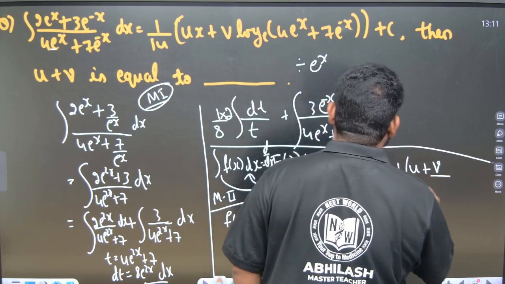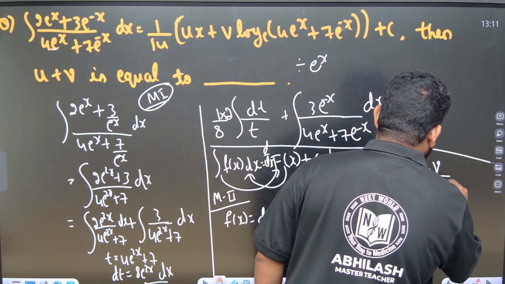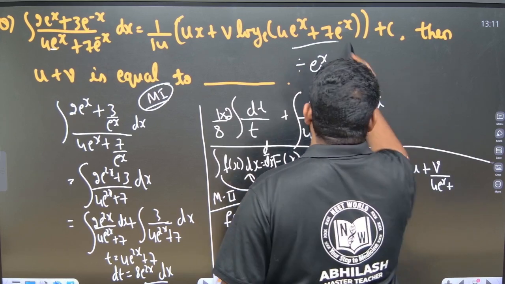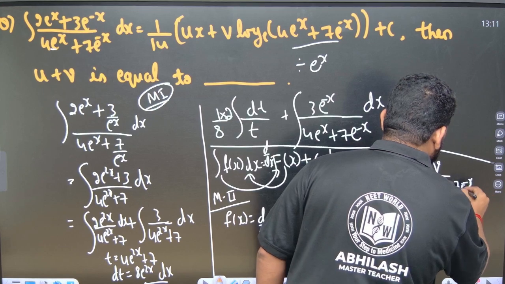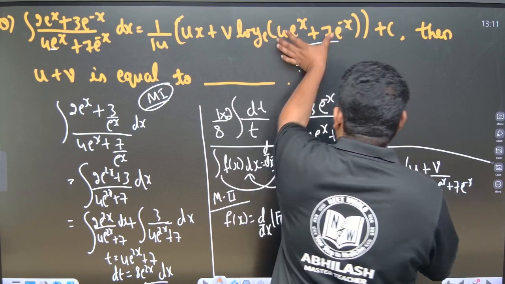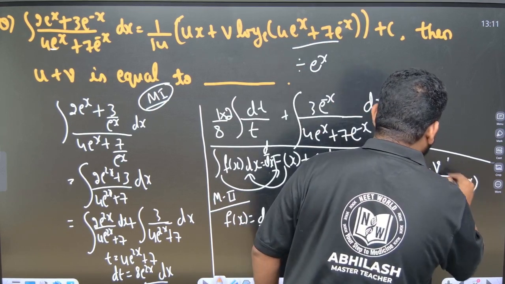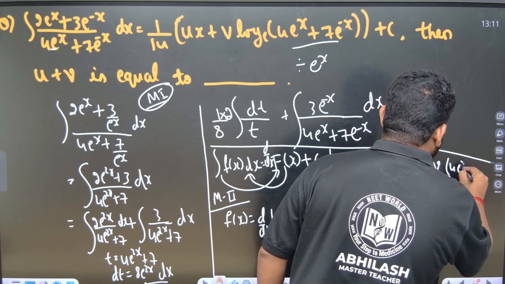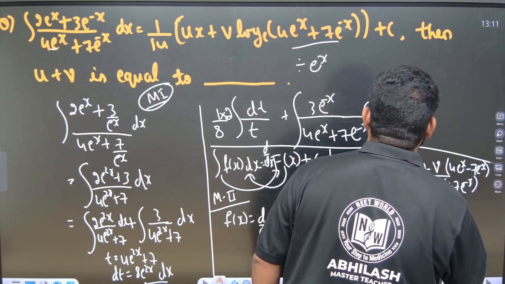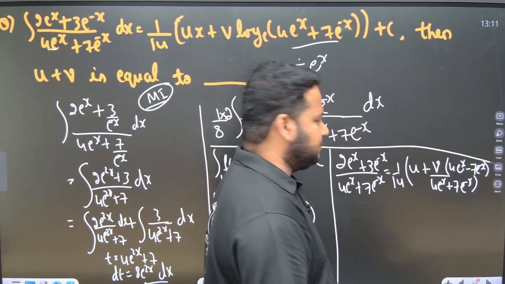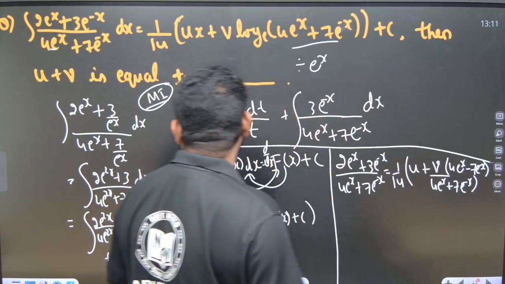So this will become v by 4 into e power x plus 7 into e power minus x. Again chain rule, the differential of whatever is within the bracket will become 4 into e power x minus 7 into e power minus x. The differential of c is nothing but 0.